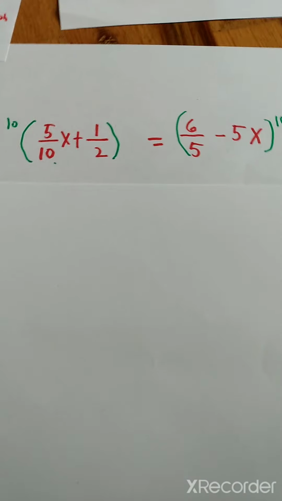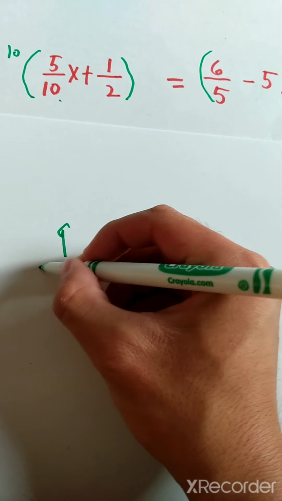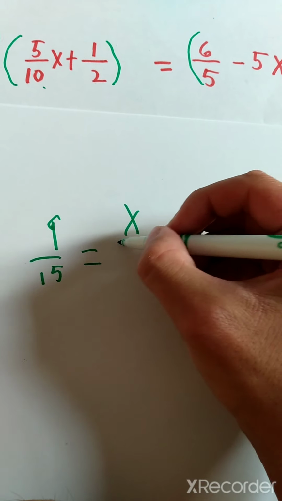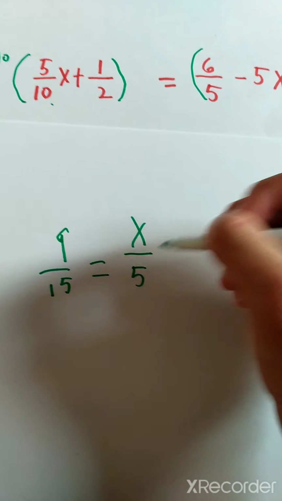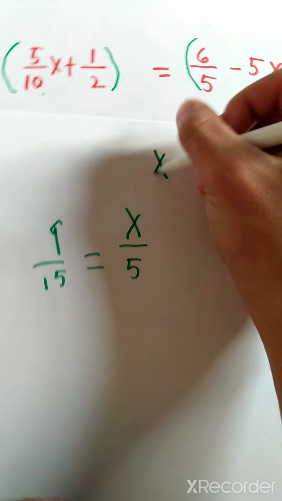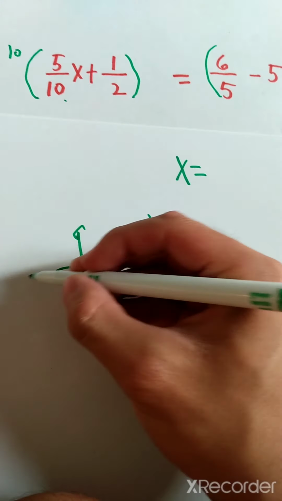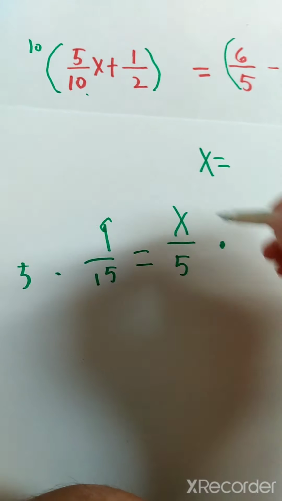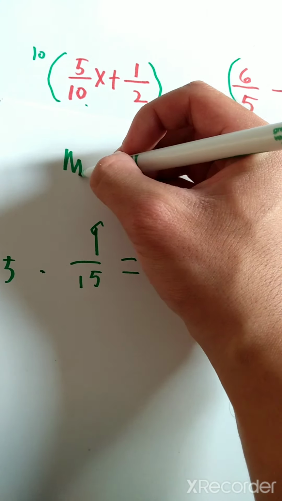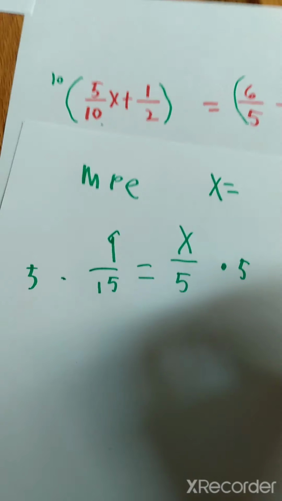Doing these is pretty much almost the same thing as having a fraction like 9 over 15 is going to equal x over 5. And what you want to try and do for this example is to get x alone as an answer, as x equals. So we have to multiply both sides by 5, or what we call the multiplication property of equality, MPE.